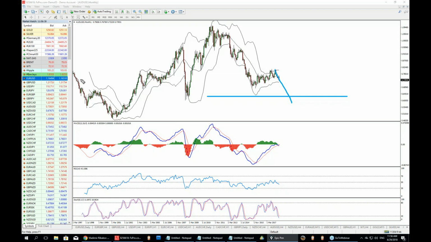But overall, the monthly chart is setting the bearish tone since we broke this flag here, okay? So unless there is a false break of this flag, I think the overall and the strong momentum will be down, especially after the breakouts, because this is when the price tends to move a lot.